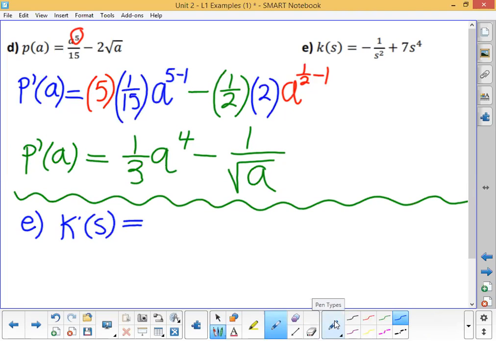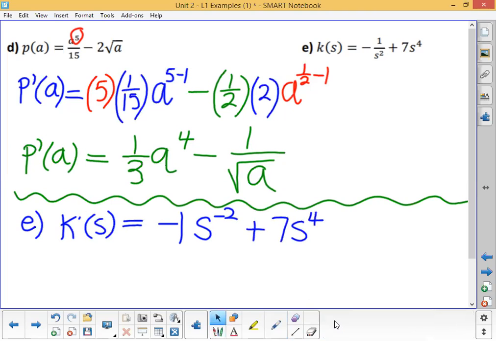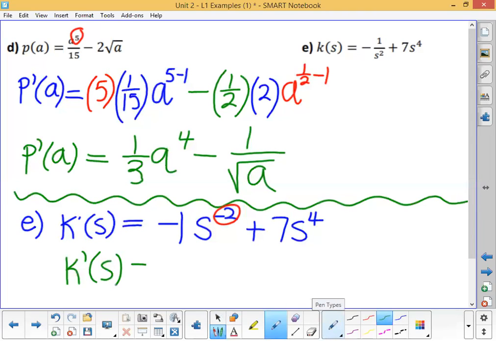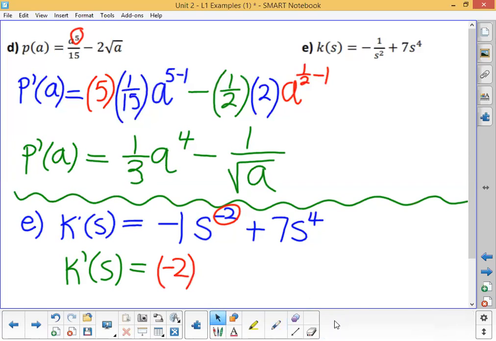So instead of -1 over s squared, I want to write it as -1 s to the power of -2, and then plus 7s to the power of 4. It makes my life a lot easier because I know I have to bring, when I solve for k prime of s, I have to bring that -2 down, multiply by the -1 that's already there.